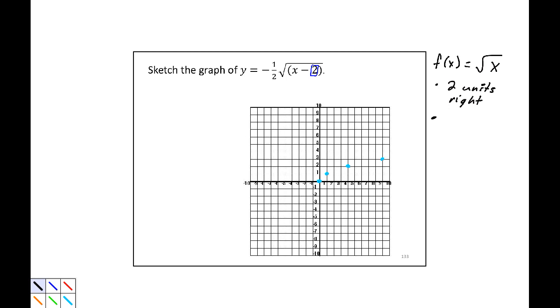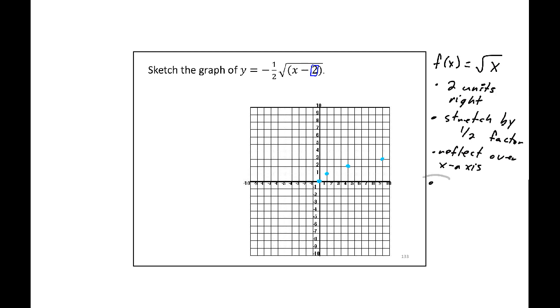We have a vertical stretch by a factor of 1/2, so this is actually a shrink. Next, we have a reflection over the x-axis. Last, we have vertical shifting. Oh, we don't actually have vertical shifting, so we don't have to worry about that. We don't have a plus value at the end.